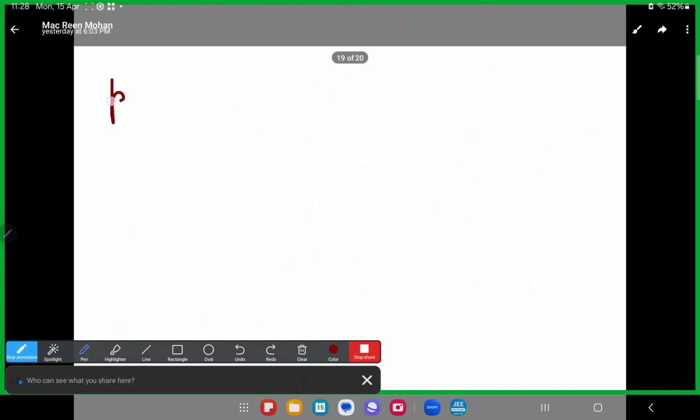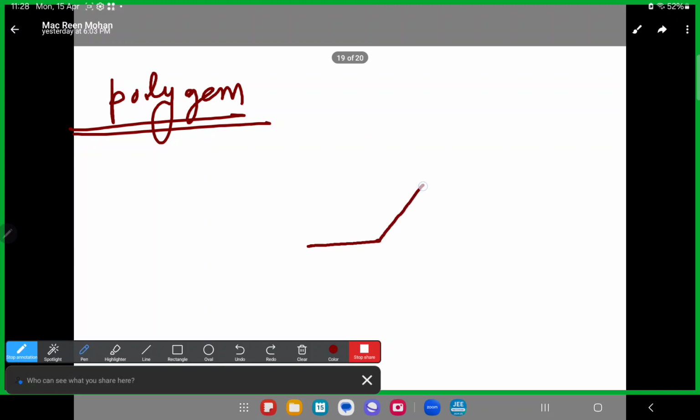And last is the polygon law. Let's say we have more than one side, and let's say this is regular.